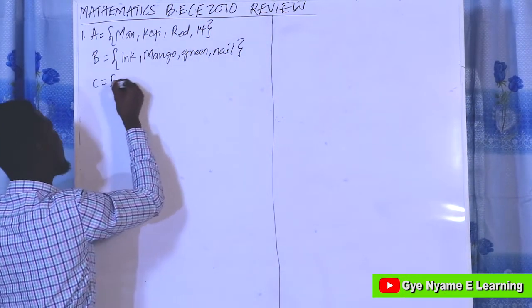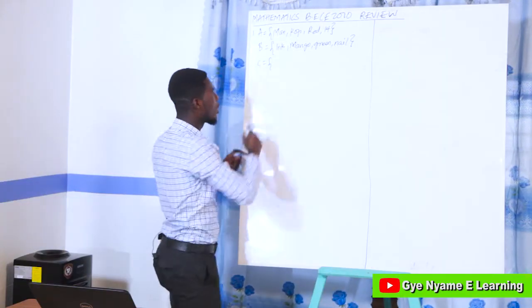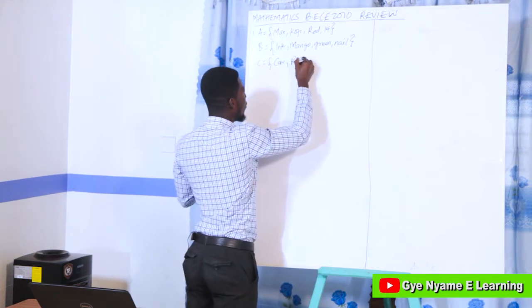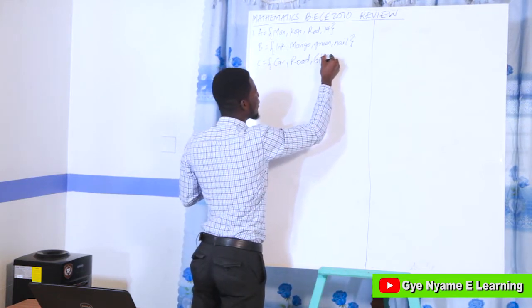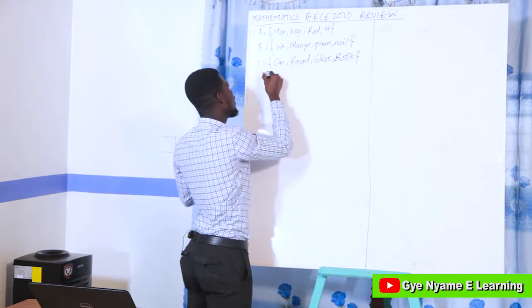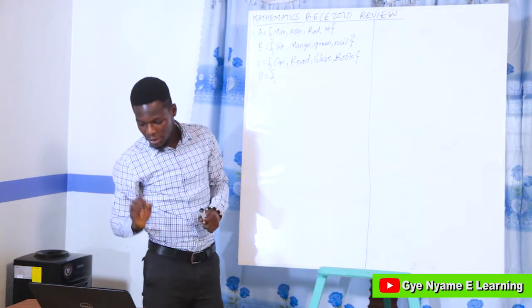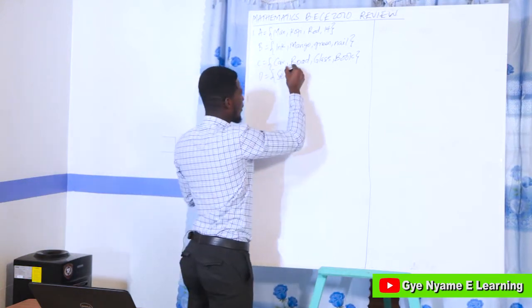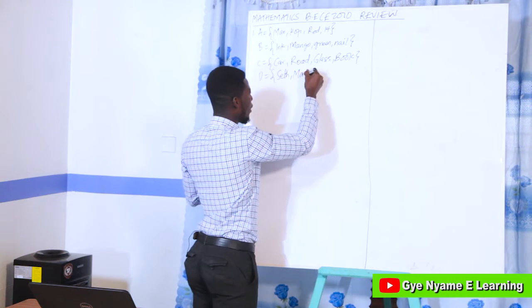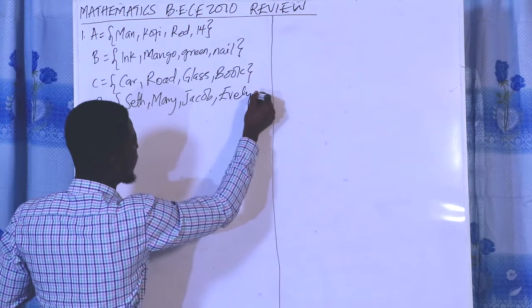You also have C containing members Car, Road, Glass, and Book. And you have option D, which is members Seth, Mary, Jacob, and Evelyn.